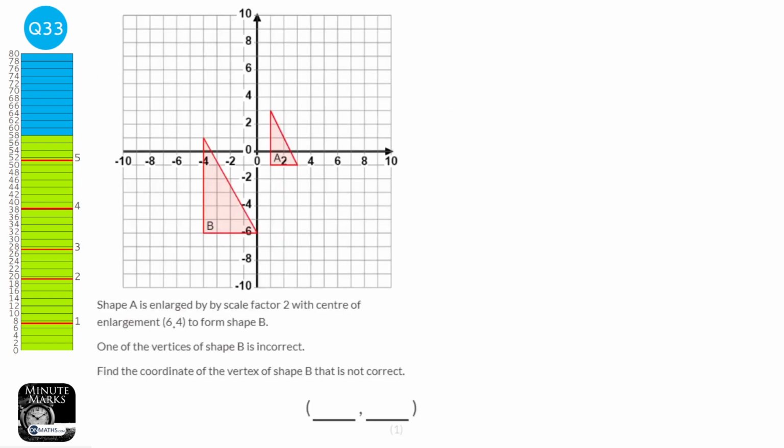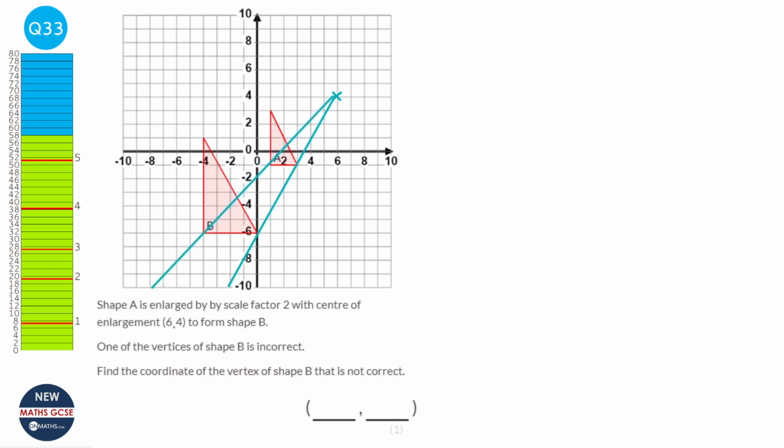So in this question we are told that the centre of enlargement is at 6, 4. So let's put a cross there. What I'm going to do is draw ray lines from the centre of enlargement, going through each of the corners of our shape A. We check whether it goes through the corner of shape B, which it does on this one. Let's keep going.